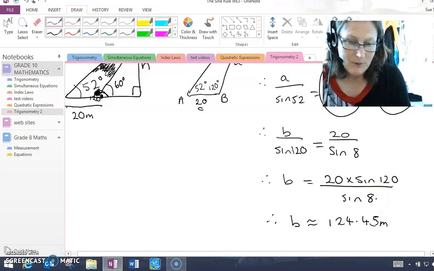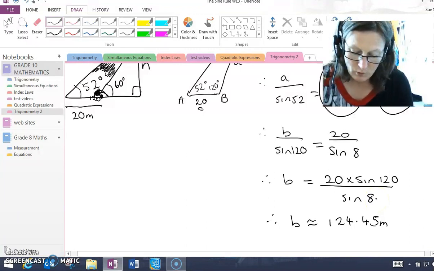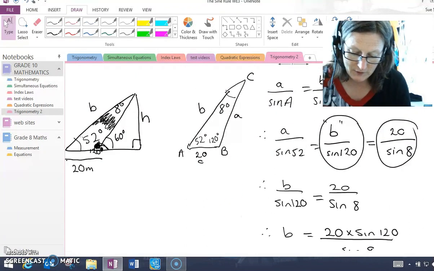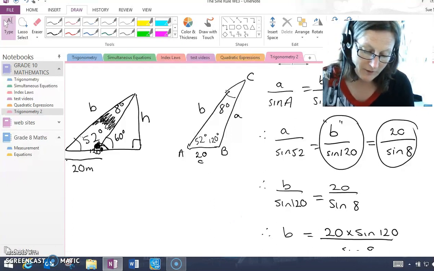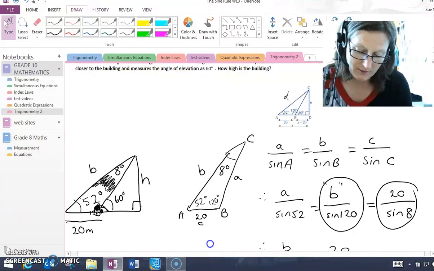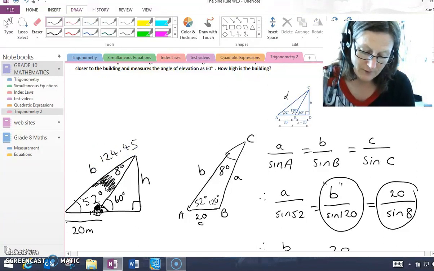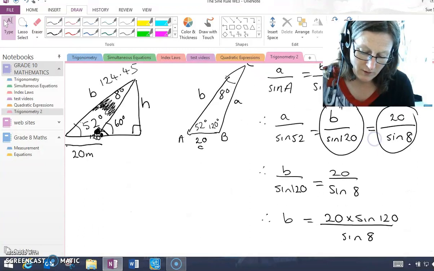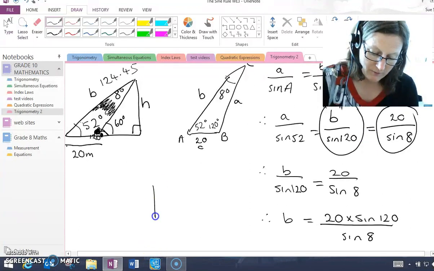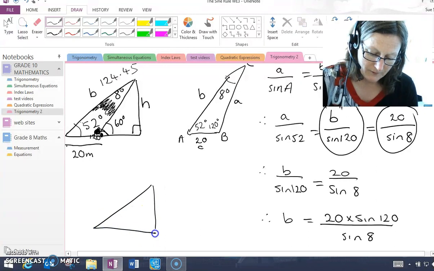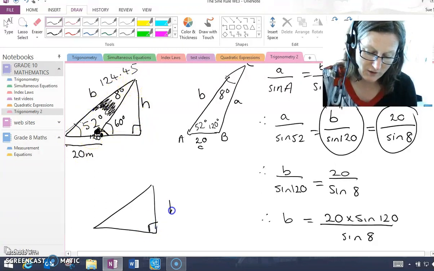So now I'm going to write in what I know up here. We now know that this is 124.45. I want us to look at another triangle now. Look at the big triangle. So the big triangle here, we're trying to find h.